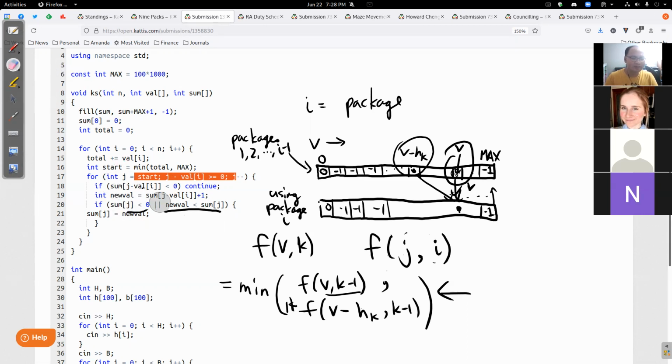Also, I check that this value is not -1, because if it's -1, then I cannot use it, since I cannot actually make the sum with one fewer package. So this is a little bit of trickery that allows me to use one single array.